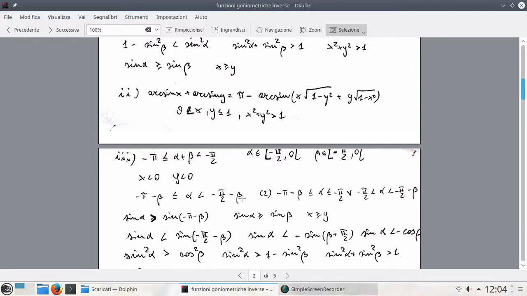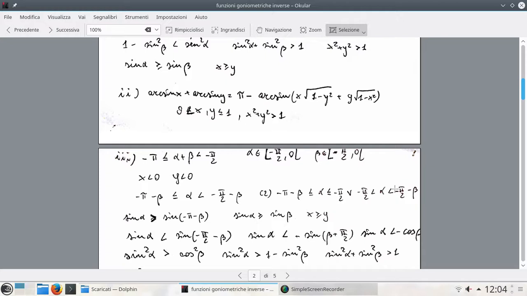dividing this inequality in two parts: minus pi minus beta is not greater than alpha not greater than minus 1/2 of pi, or minus 1/2 of pi less than alpha less than minus 1/2 of pi minus beta.